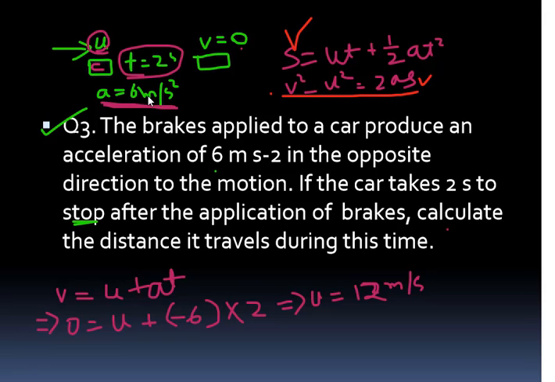A, it is given 6, again it will be minus 6 because acceleration here we are taking negative. Then you solve it, you are going to find out the value of the distance traveled by the car, or displacement traveled by the car. Okay, try to solve this question on your own. I have already discussed how to solve this question.